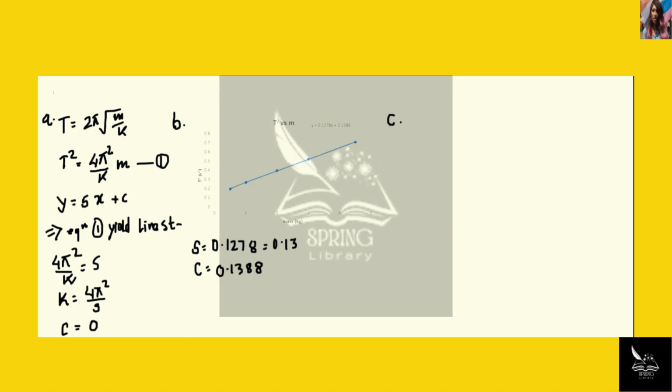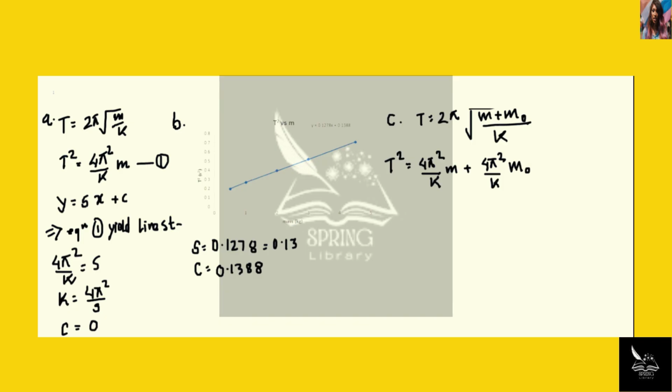Let's check it. Let's again start with equation 7b. T is equal to 2π root of (m plus m naught) upon k. From this, you can write T squared equals 4π squared by k times m plus 4π squared by k times m naught.